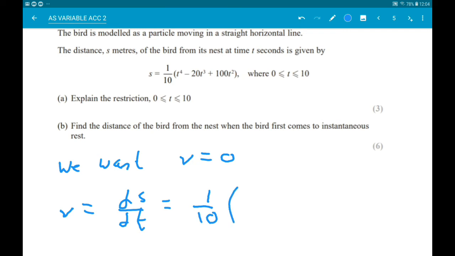Now on the inside, we're going to get 4t cubed minus 60t squared add 200t.